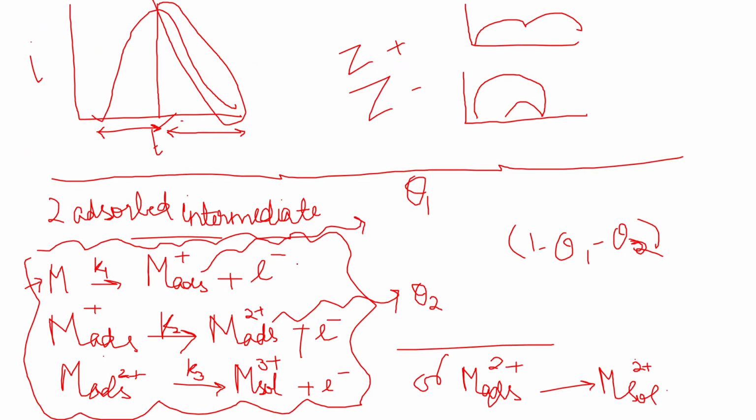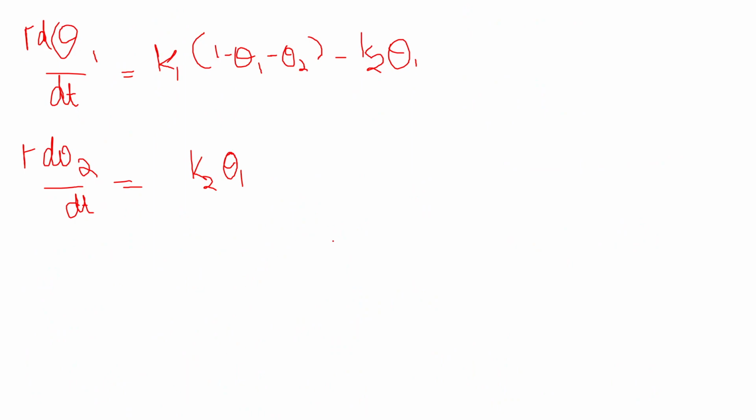While in the next step, MH2 plus is getting into the solution. So MH2 plus is getting consumed. So I can write this minus K3 into theta 2. Is your doubt clear? Yes. Okay, so you found out.